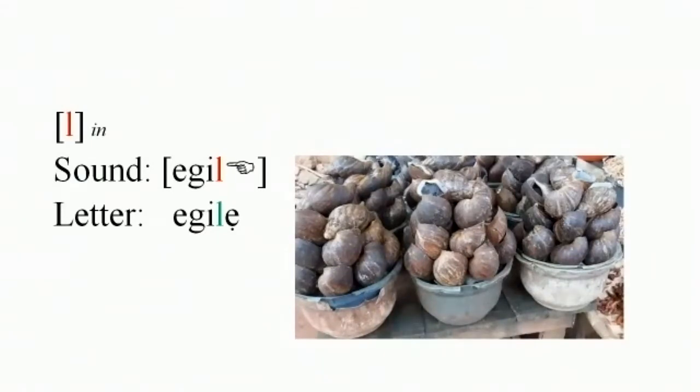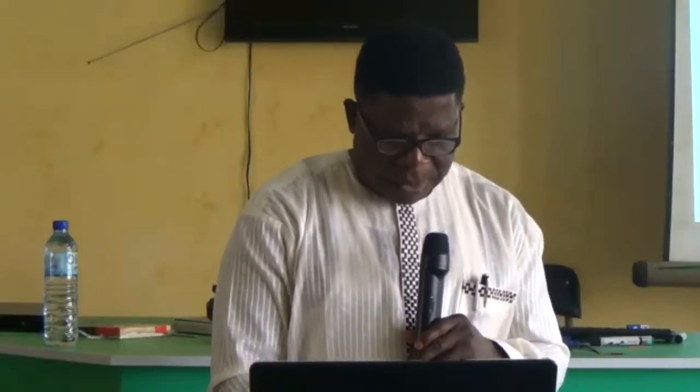No difference in form. The same with the P in Opia. So you have the letter P of the Roman alphabet representing that sound. And then it's also in the word Obekere.